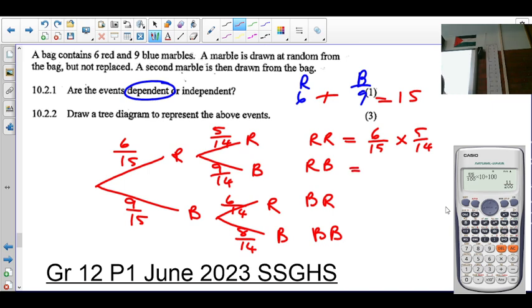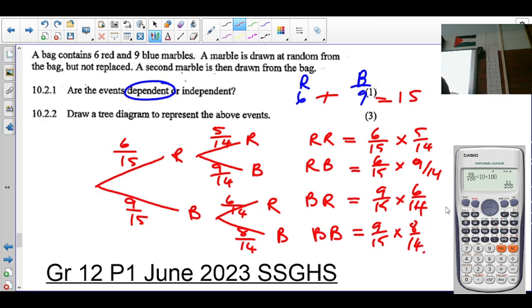So the probability of red red is 6 over 15 times 5 over 14. Red blue is 6 over 15 times 9 over 14. Blue red is 9 over 15 times 6 over 14. And of course blue blue is 9 over 15 times 8 over 14.